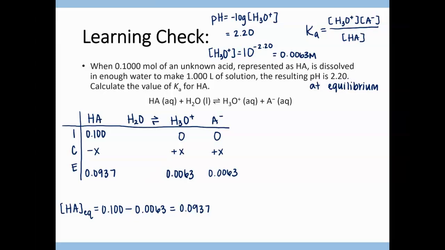which was asking us to calculate Ka. So I have the formula for Ka at the top. Here I'll just plug in values. 0.0063 for concentration of H3O plus, 0.0063 for concentration of A minus, divided by 0.0937 for concentration of HA.